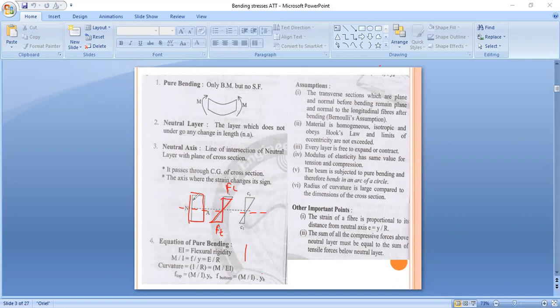Now we have to find out the stress at a particular point, here also. So now we will take addition. How to take addition? Integration of all stresses generated at various points in compression. So integration of FC is equal to integration of FT.